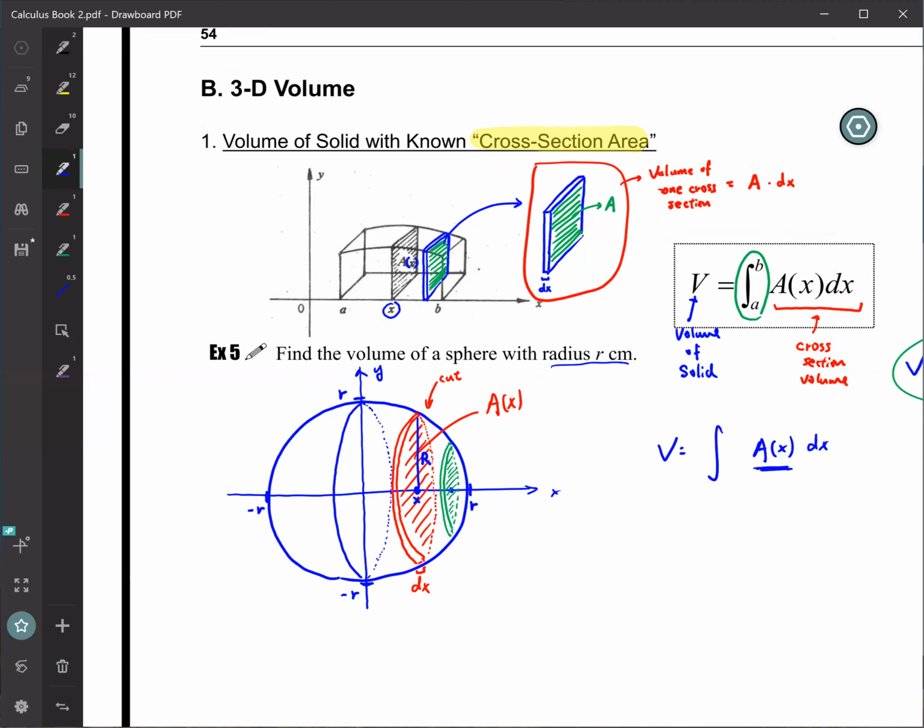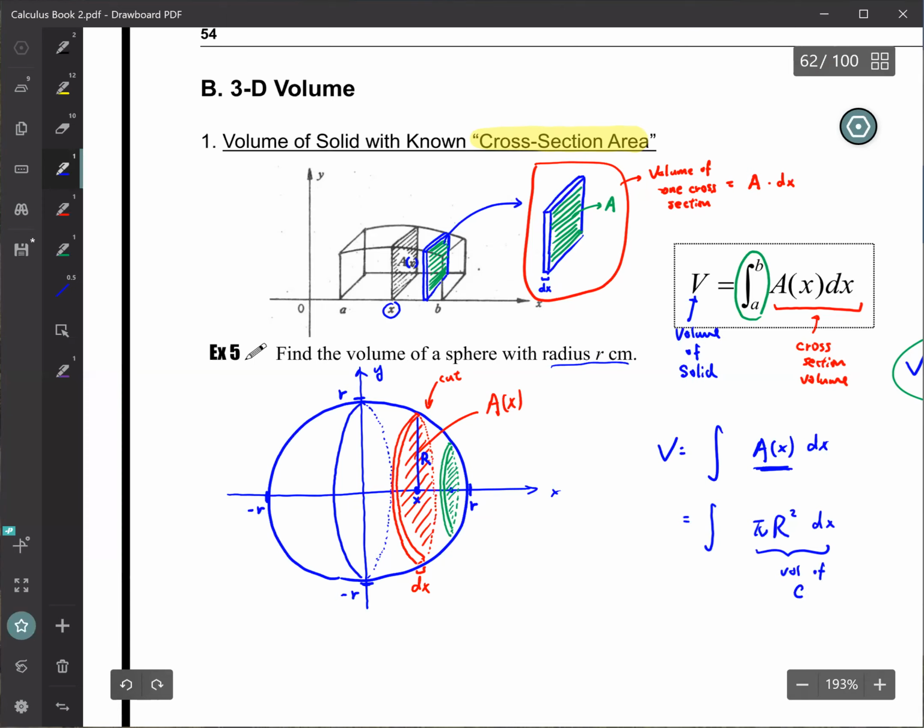Yes, because it's a circle, so it will be pi r squared times dx. So for example here, if we do the next step, it will be pi capital R squared dx, because capital R represents the radius of the circle. So this part represents the volume of the cross section.